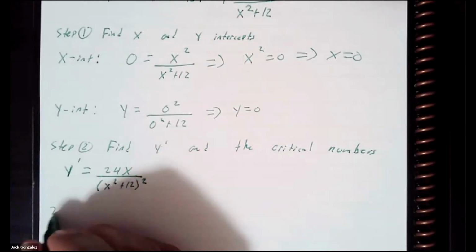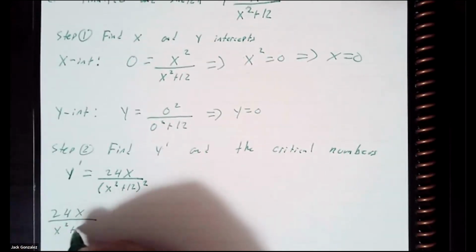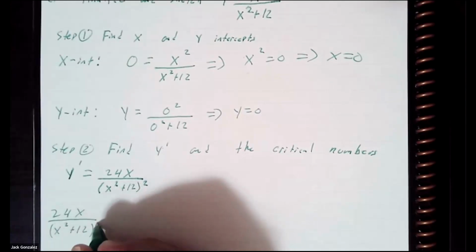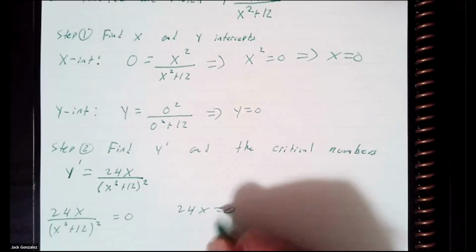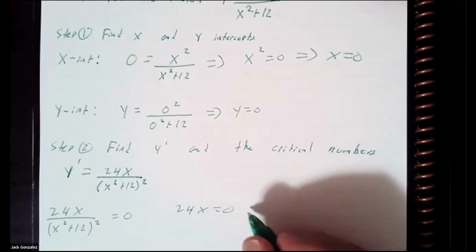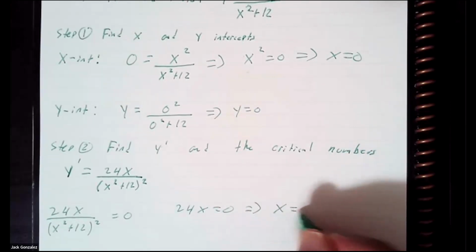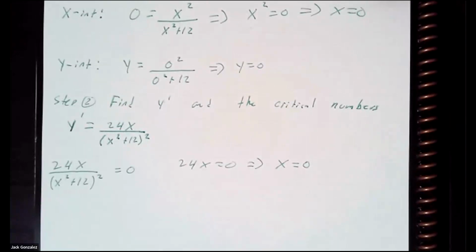All right, set this guy to 0. This will only be 0 when this guy is 0. All right.